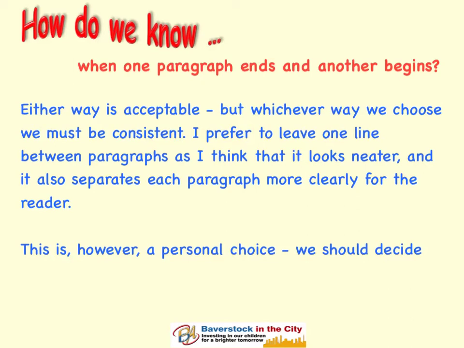We either indent the first word or we leave a space between each paragraph. I prefer to leave one line between each paragraph, as I think that it looks neater and it also separates each paragraph more clearly for the reader. But this is a personal choice. We should decide for ourselves which method to use.